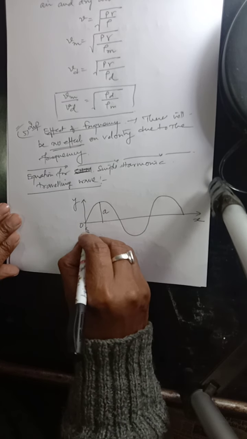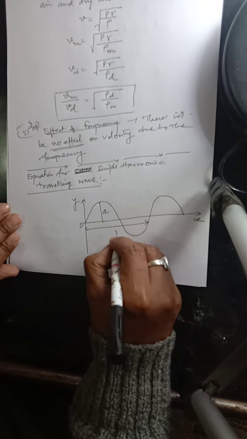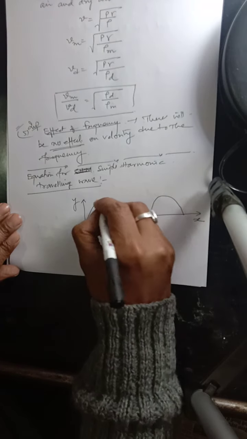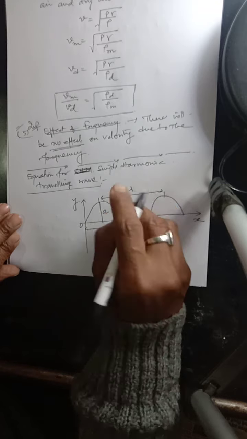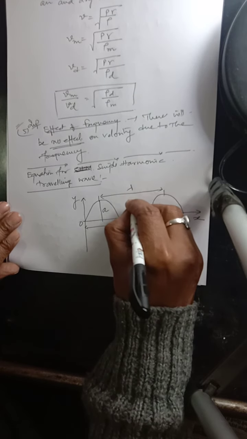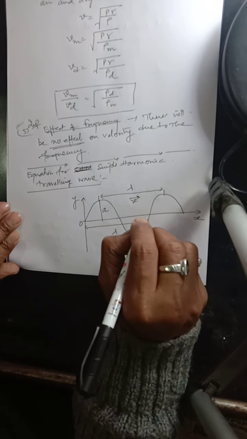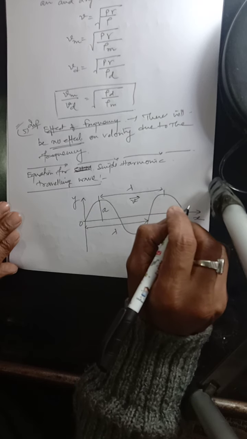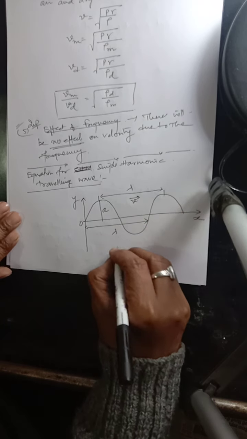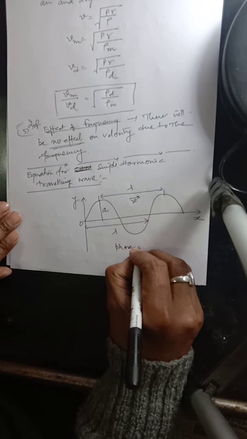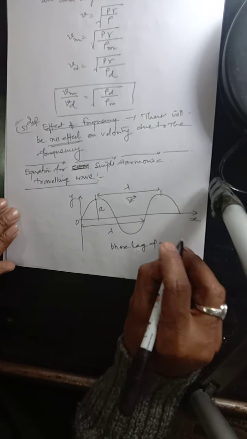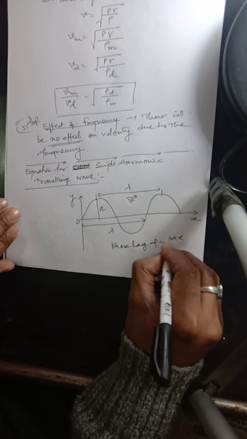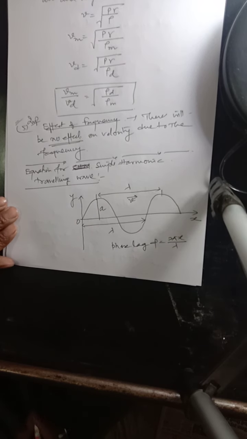From here to here is the wavelength lambda, or from this peak to this peak is also the wavelength lambda. Let the velocity be v, and the phase lags by phi, where phi is equal to 2 pi x by lambda.